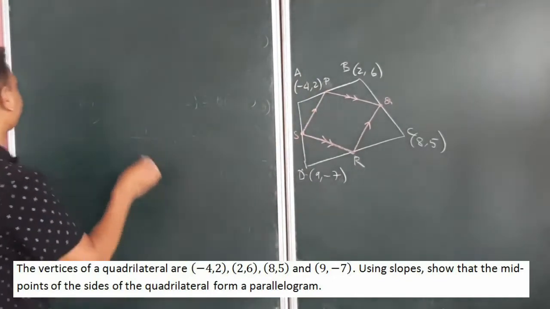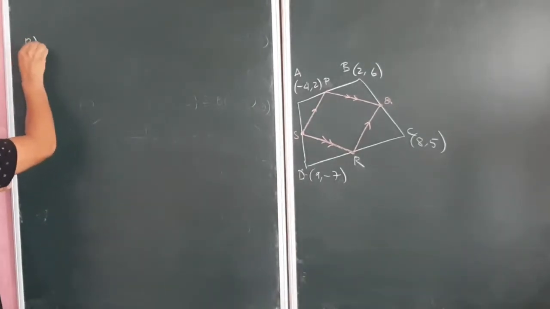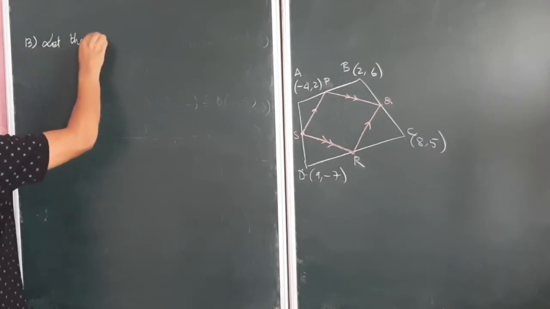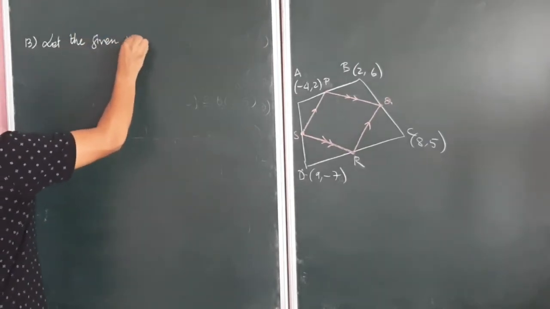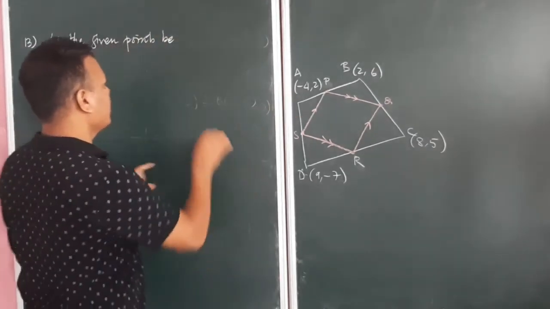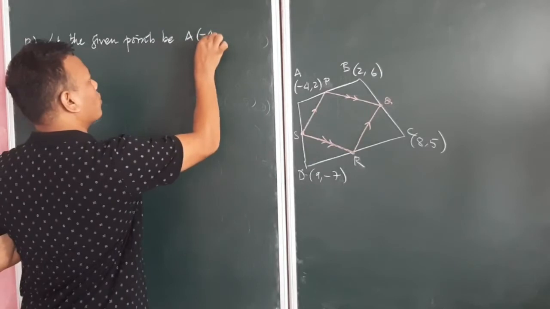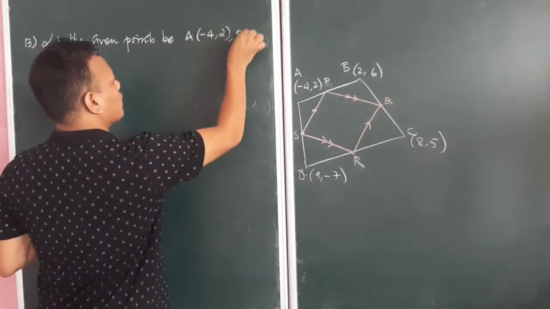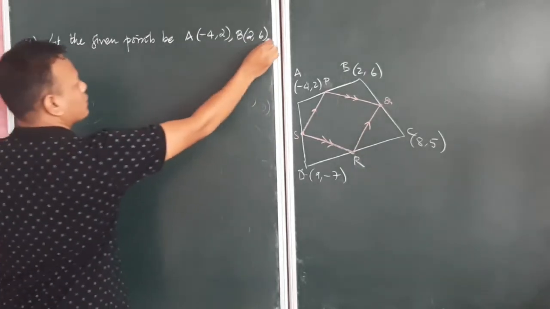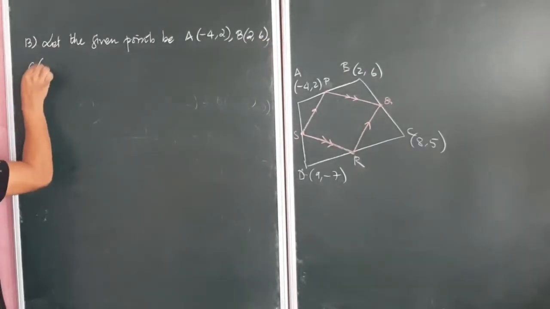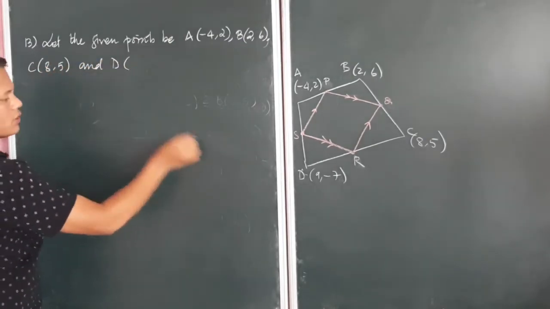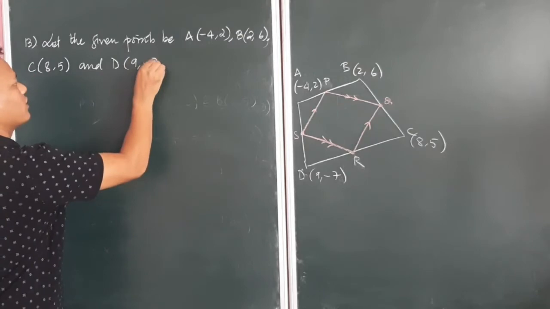Okay, so we have this question number 13. Let the given points be: let me write the names as A, is minus 4, 2, B, that is 2, 6, C, this is 8, 5, and the last point, that is D, is 9, minus 7.